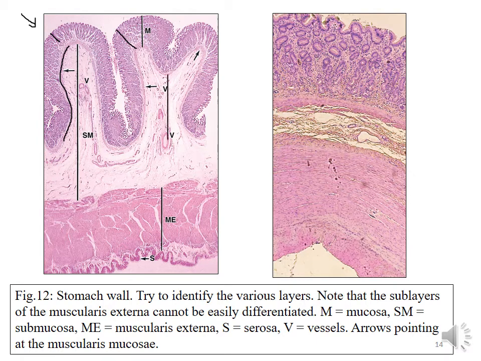This layer here is the submucosa, connective tissue, and here we have the muscularis, and again you can see the serosa formed of connective tissue plus epithelium.